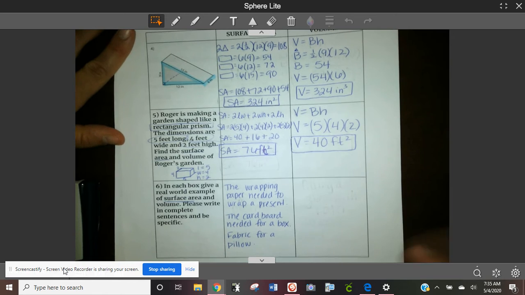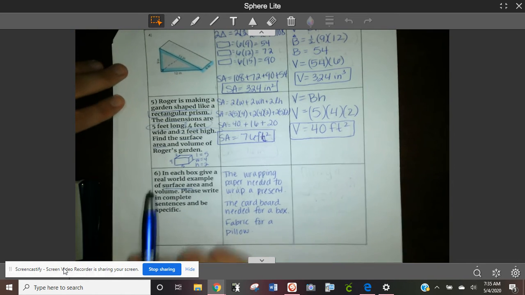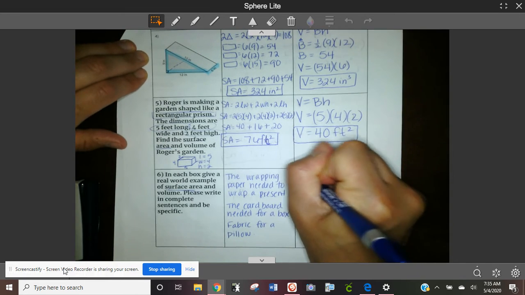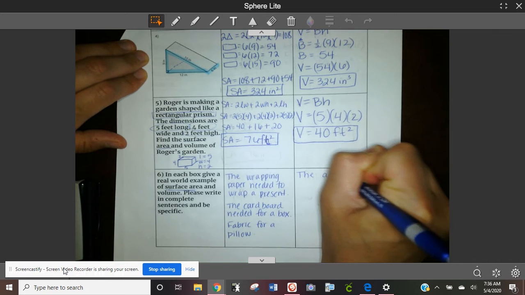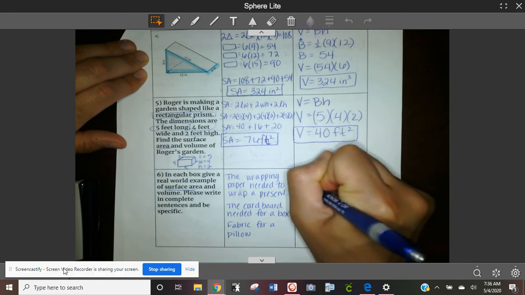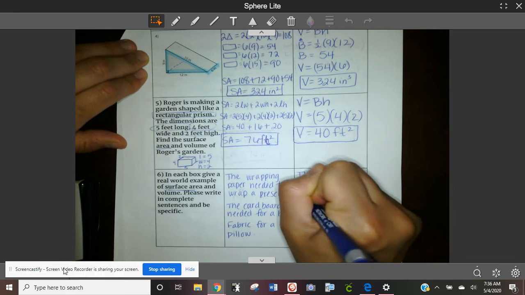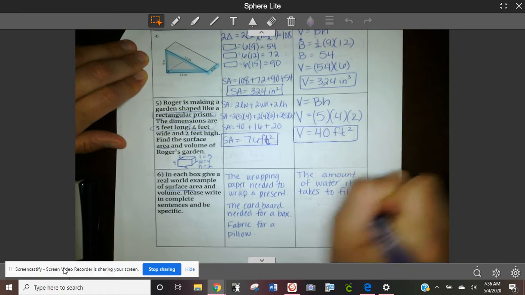Okay, so the last thing, we're going to give some real life examples. So we'll say the amount of water it takes to fill a fish tank.